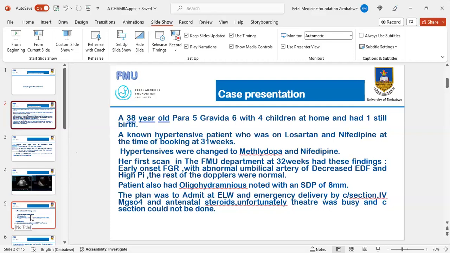The primary diagnosis becomes the underlying chromosome abnormality or the syndrome. What do I mean by this? Let's take, for example, trisomy 18 babies. All trisomy 18 babies and triploid babies have FGR, but the diagnosis there is not FGR. The diagnosis there is trisomy 18. Are you getting it? The same with the triploid.